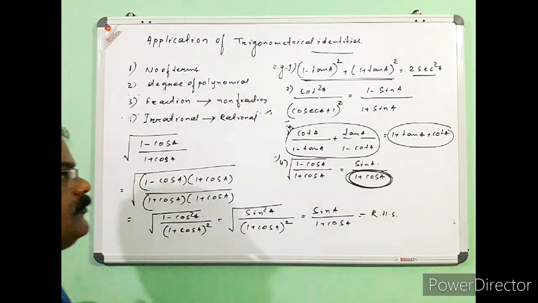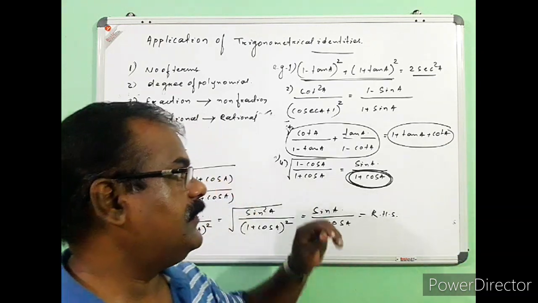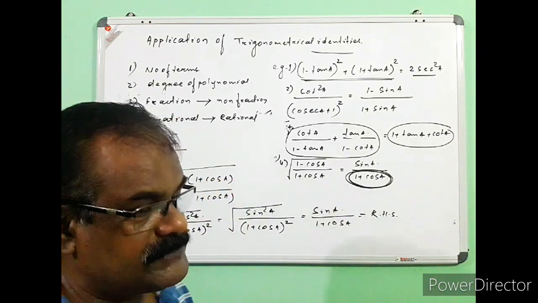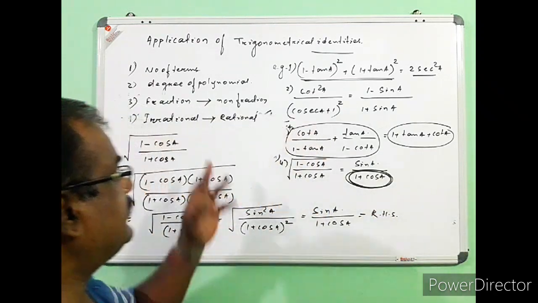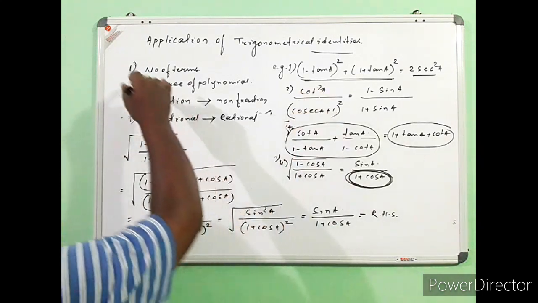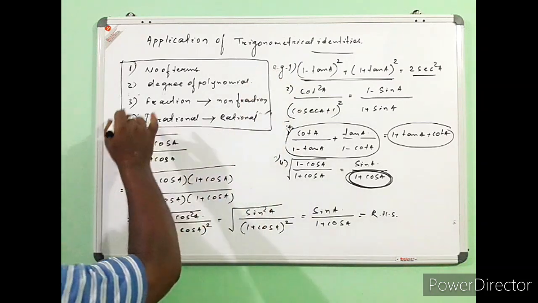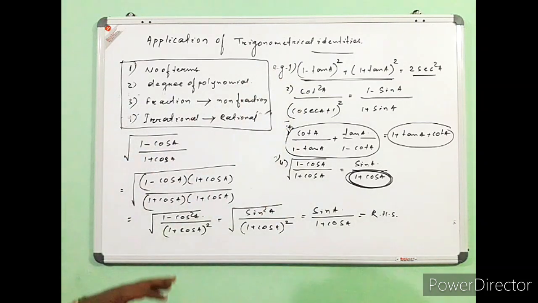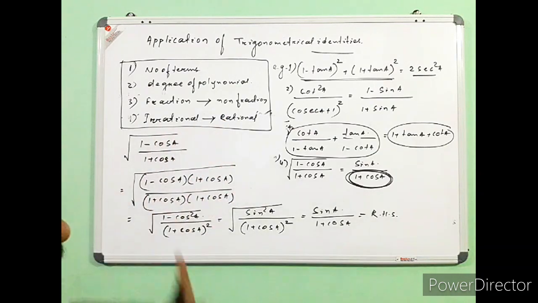So these are some of the points that we have to remember. First of all, you have come to know what the trigonometrical identities are, then the relationships: the reciprocal relations, the quotient relations, the square relations, and their application. And while applying all these, the most important things to remember are the number of terms, degree of polynomials, fractions or non-fractions, irrational and rational.